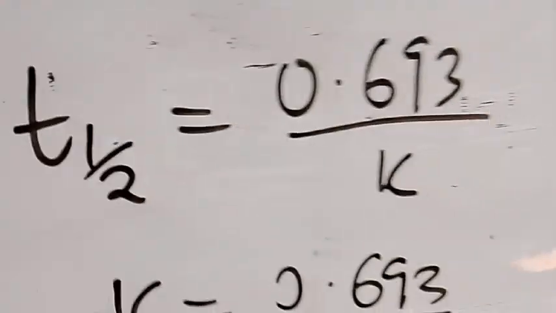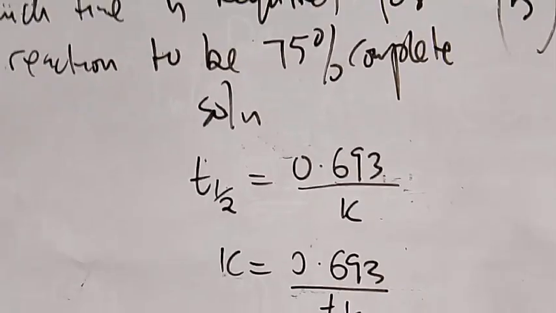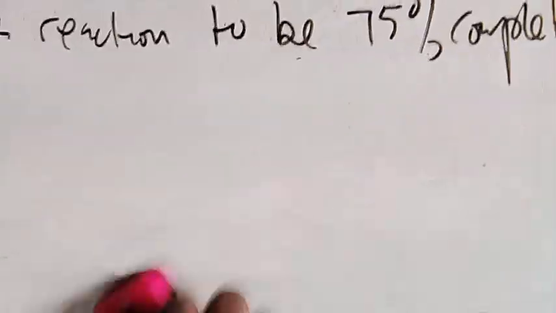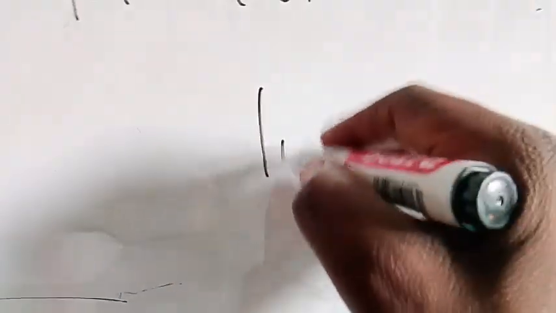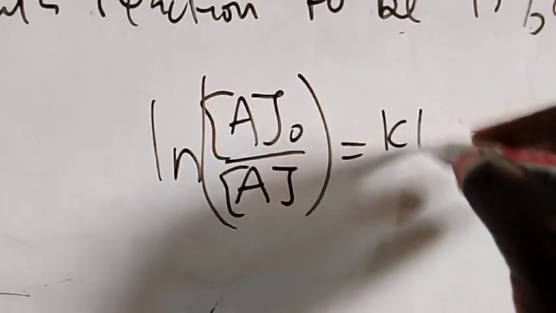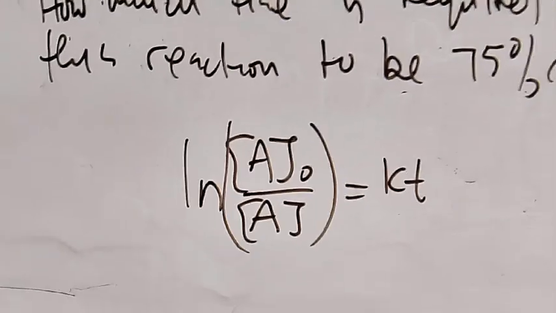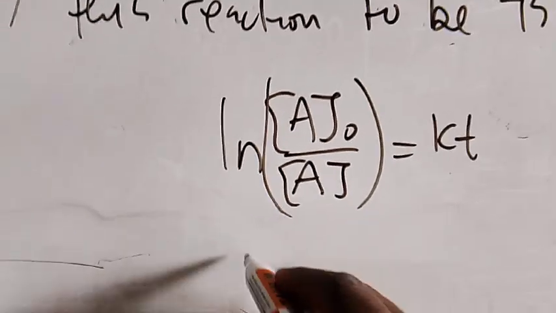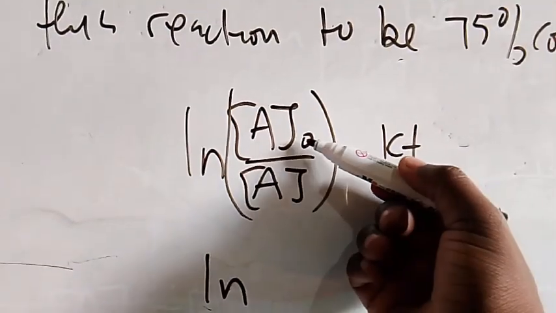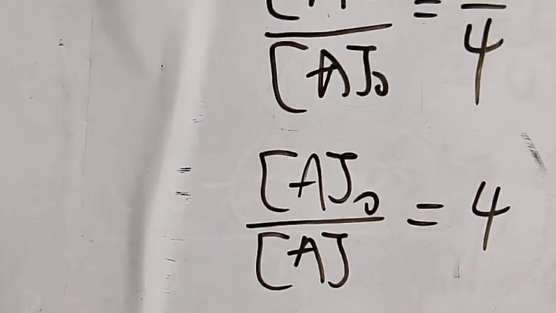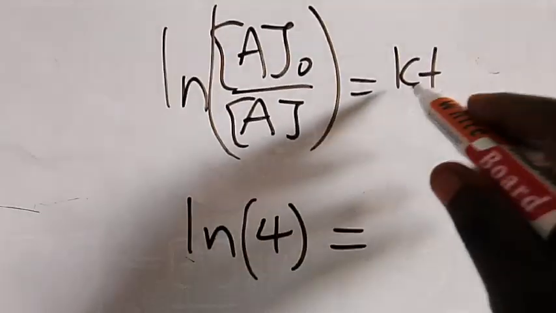Then from the integrated rate law, we know that ln A initial over A is equal to KT. A initial over A is equal to 4, so we simply put a 4 here: ln 4 is equal to KT.